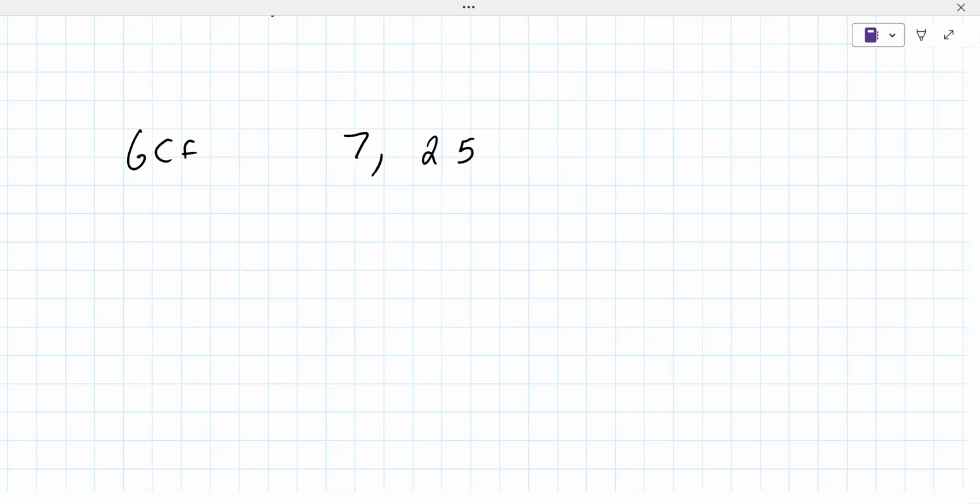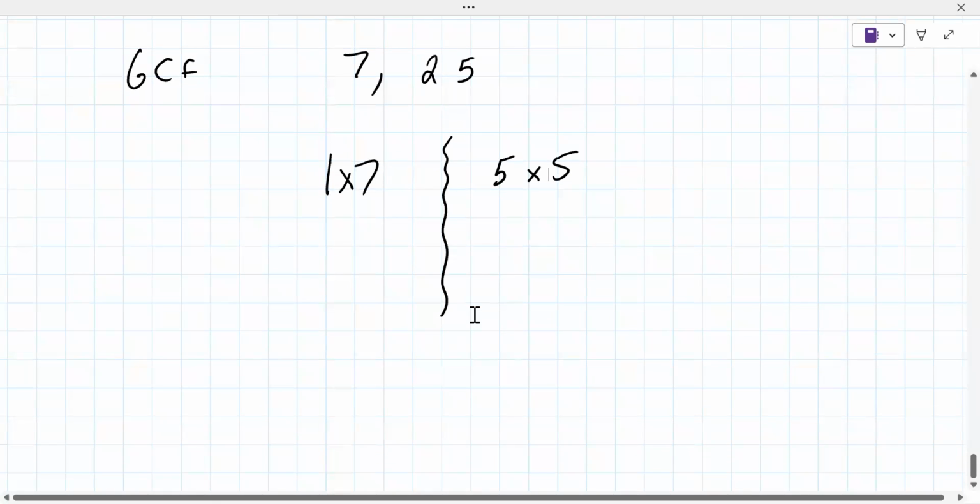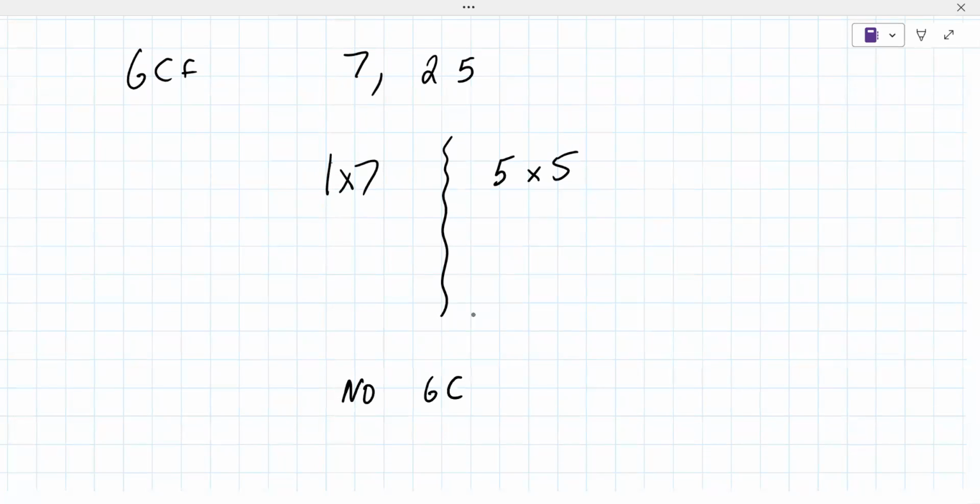So for 7, I got 1 times 7. And for 25, I got 5 times 5. Is there any overlap? Any of the numbers that are the same? No, there's no numbers the same. So this has no GCF.